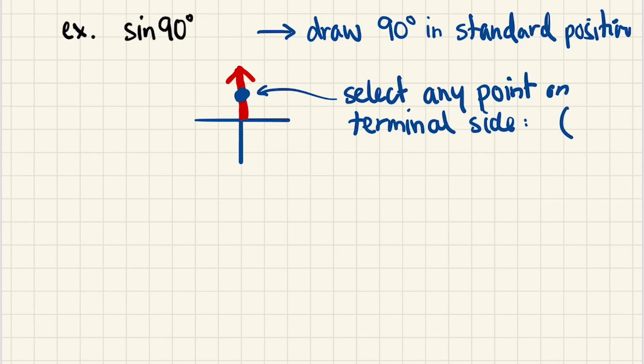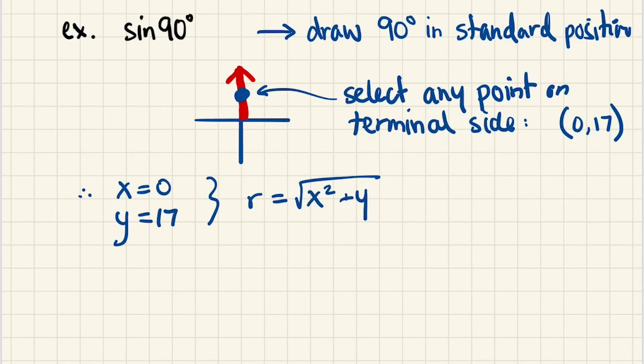For instance, we could go with 0, 17. Okay, we have selected x equals 0, y equals 17, and we can calculate that r is the square root of, of course, x squared plus y squared, which would be 0 squared plus 17 squared. And without doing the whole arithmetic, we would just get the square root of 17 squared, which is 17. So here, r is equal to 17.